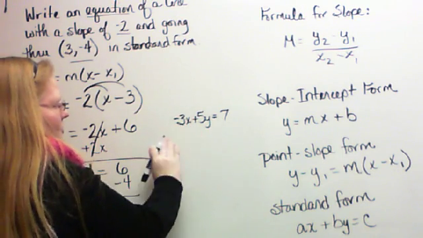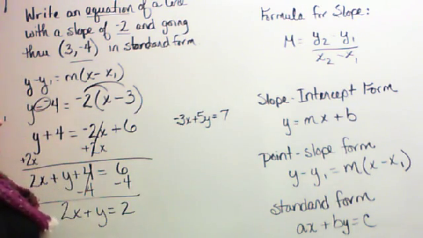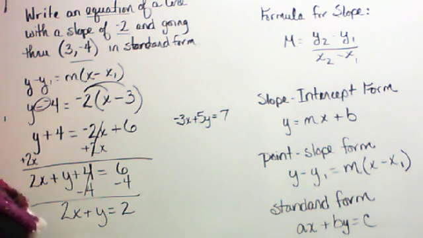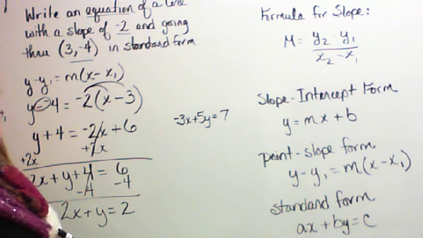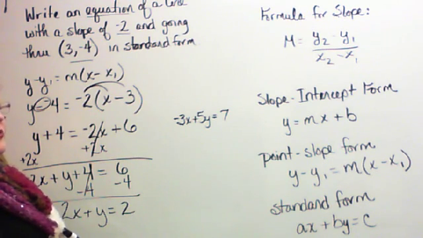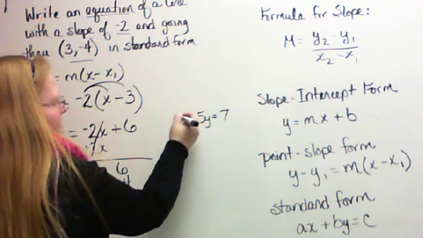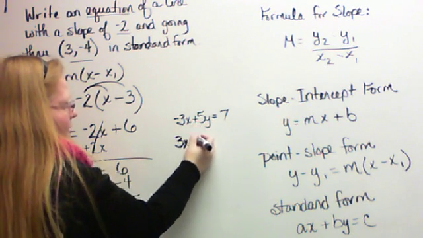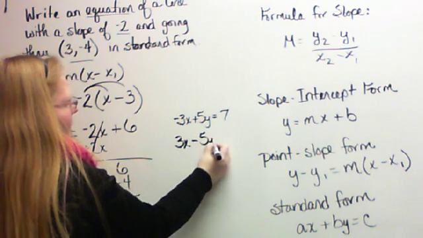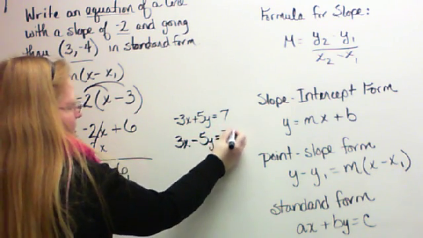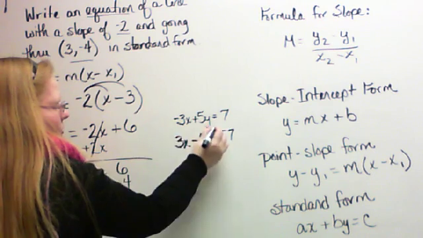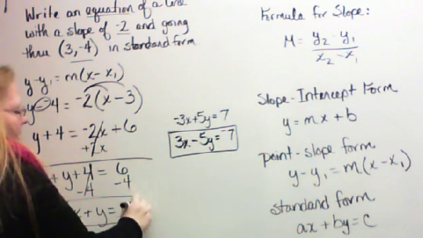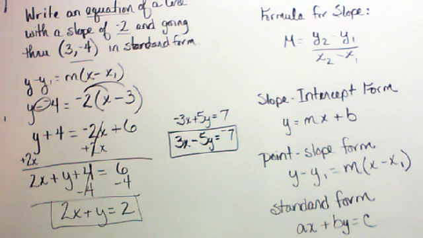In order to do that, you can divide everything by negative 1, or you could multiply everything by negative 1, or you could just go through and change all your signs. Either way, you're going to end up with the exact same thing. So instead of it being a negative 3x, now it's a positive 3x. Instead of it being a plus 5, now it's a minus 5y. Instead of it being a positive 7, now it's a negative 7. Just go through and change your signs. And that's how you change it from being a negative.